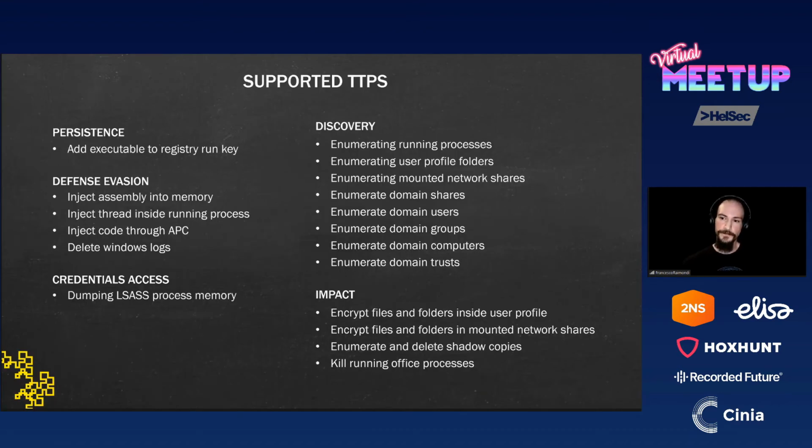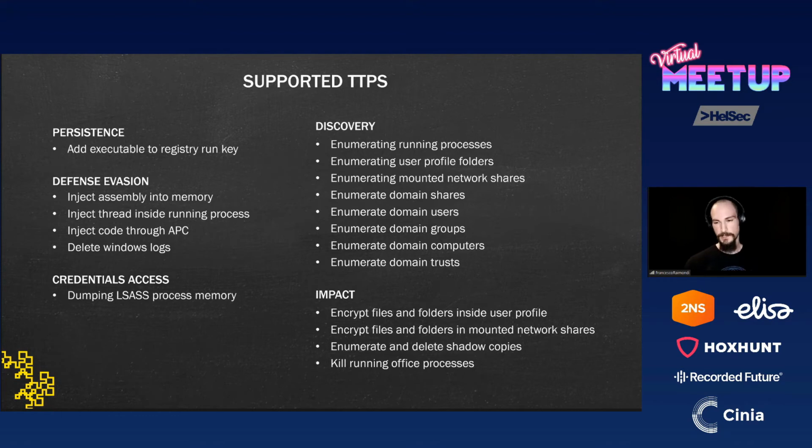This is a list of the various TTPs that we have currently implemented into Fransom. And as I said, we hope to expand this list to also include other TTPs as they are seen and used in the wild. But what we have right now is the addition of the executable to the registry run key in order to achieve persistence on the local endpoint.